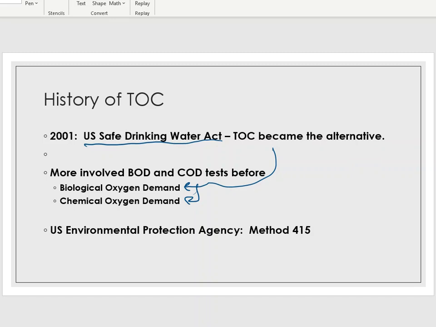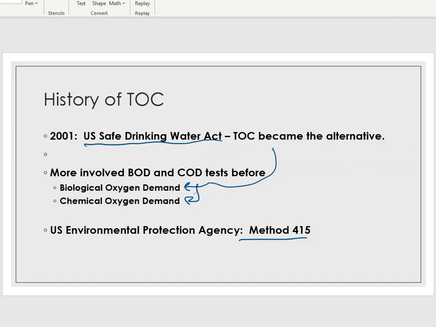The U.S. EPA, the Environmental Protection Agency, basically delivered to us Method 415. Method 415 during that time was a new method that was approved by the EPA to tell you that TOC was approved as an instrument and a method to report these numbers for parts per million of organic carbon.